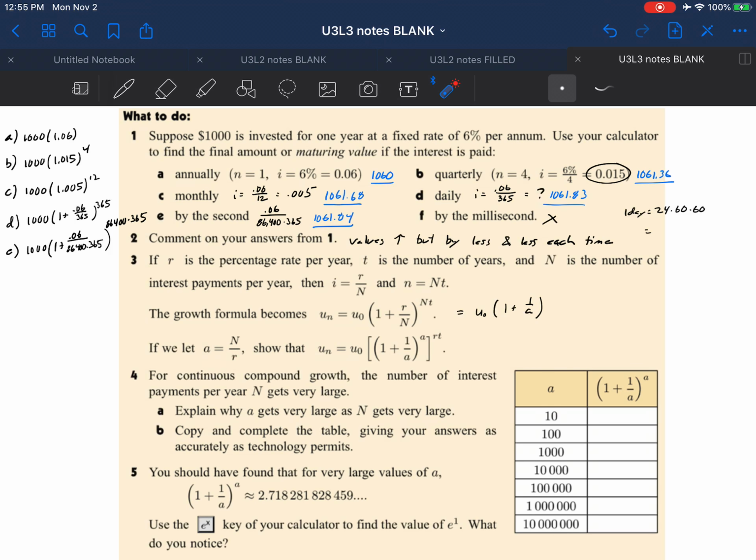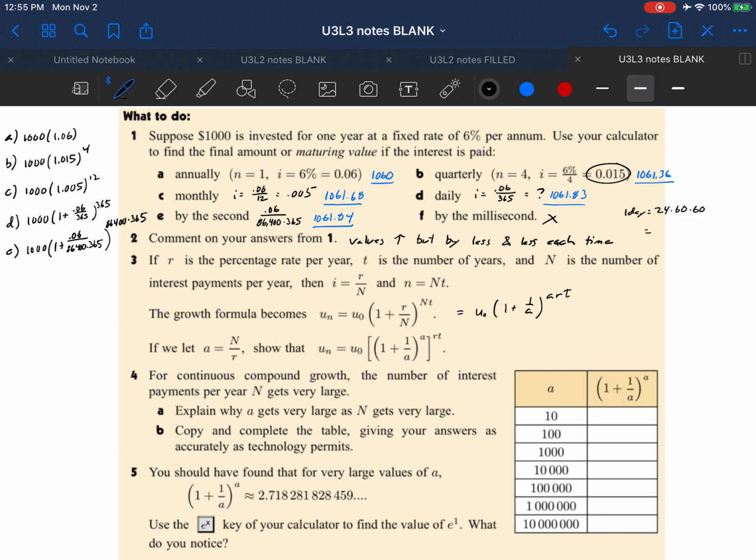And then NT, well, big N is going to equal AR. So this is raised to the ART.